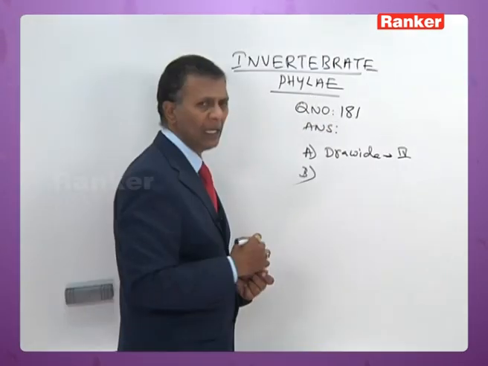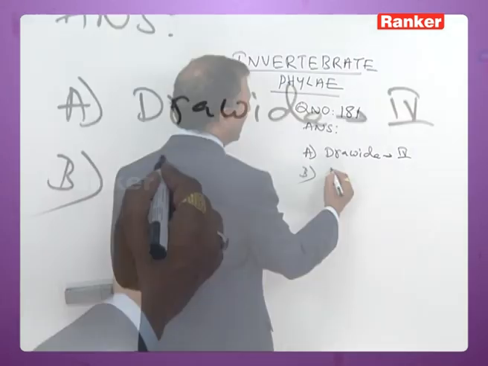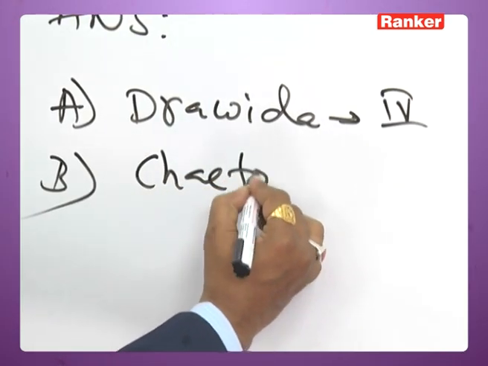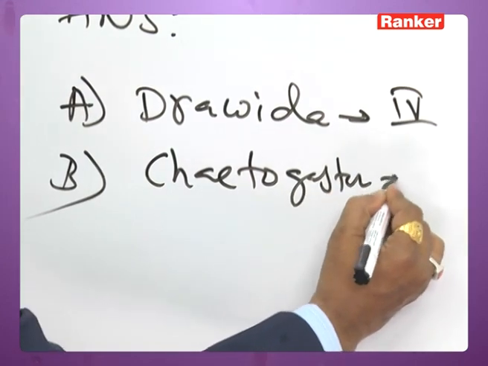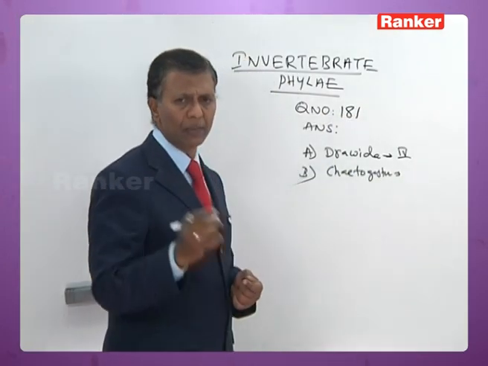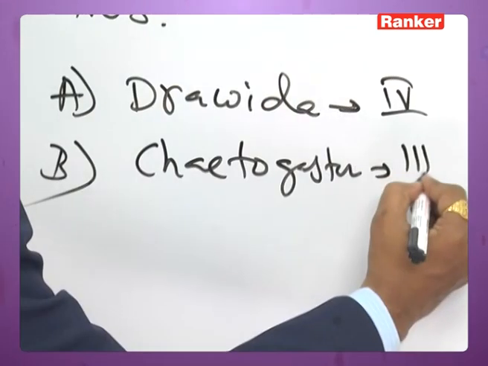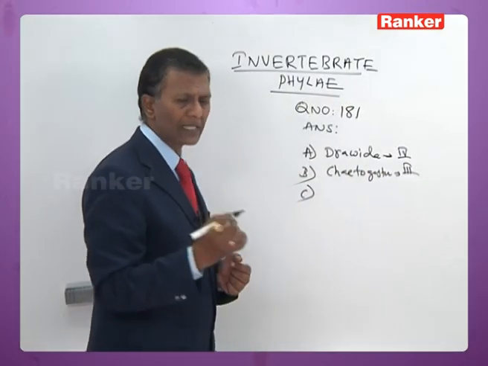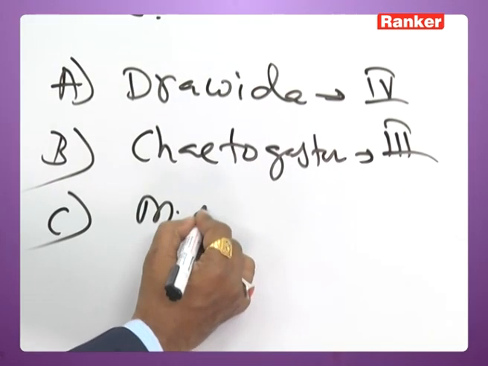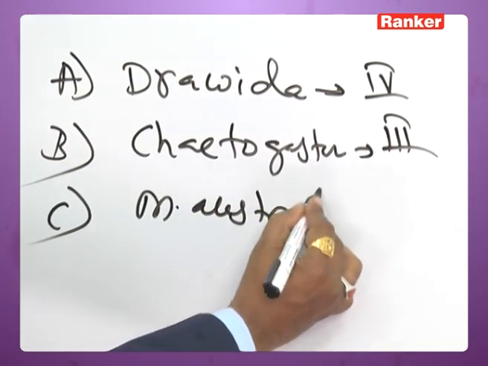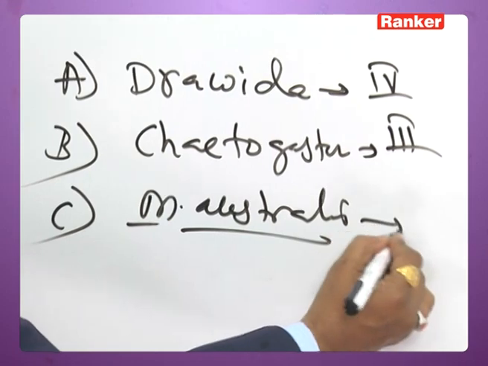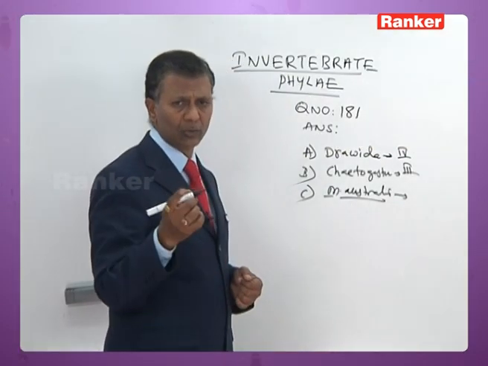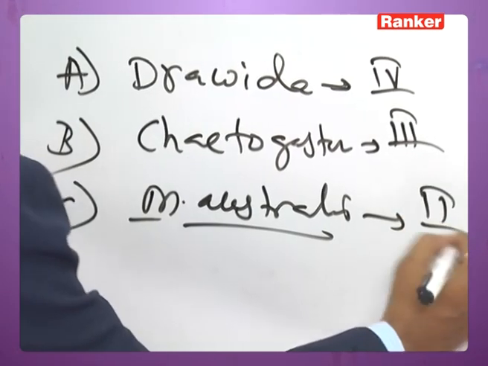Then B says Ketogaster. Ketogaster is supposed to be the smallest earthworm in the world. So third option is correct. And C, Megascolides australis is supposed to be the longest earthworm in the world. So longest earthworm, second option is correct.